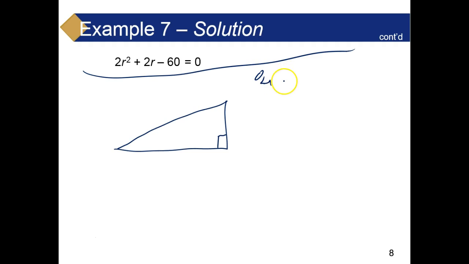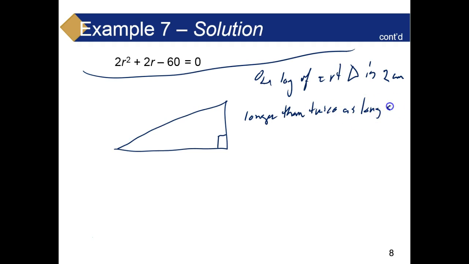One leg of a right triangle, I'm going to abbreviate that, is 2 centimeters more than twice as long as the other leg.